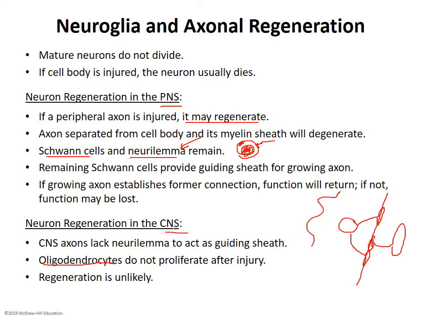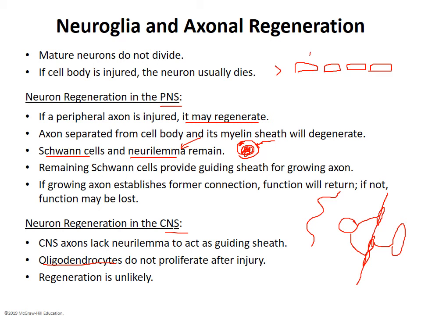As opposed to if I have layer upon layer of Schwann cells like this on a particular axon, and this axon is running this way, and I have some kind of damage here. It'll start wasting away because of the damage.